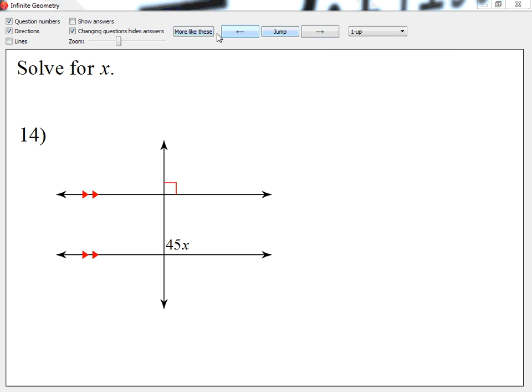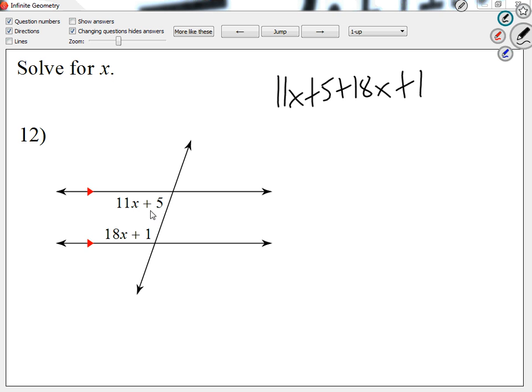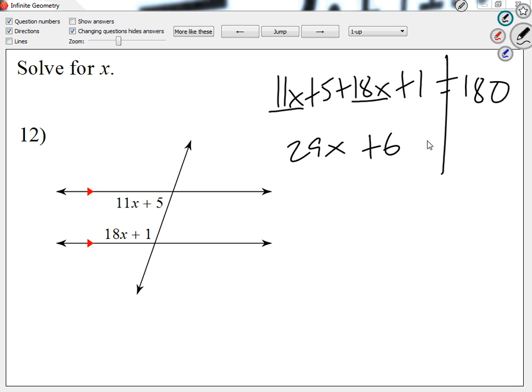Number 12? Alright. Take a look at number 12. Which type of relation is that one? Same side interior. Alright, so let me add everything. 11x plus 5 plus 18x plus 1, I added everything and it equals 180. Same side interior adds up to 180. Let me simplify the left side of the equal sign. 11x plus 18x gives me 29x. 5 plus 1 is 6.